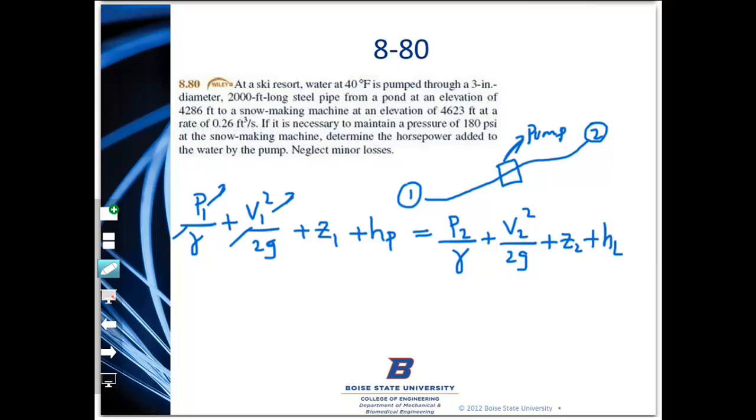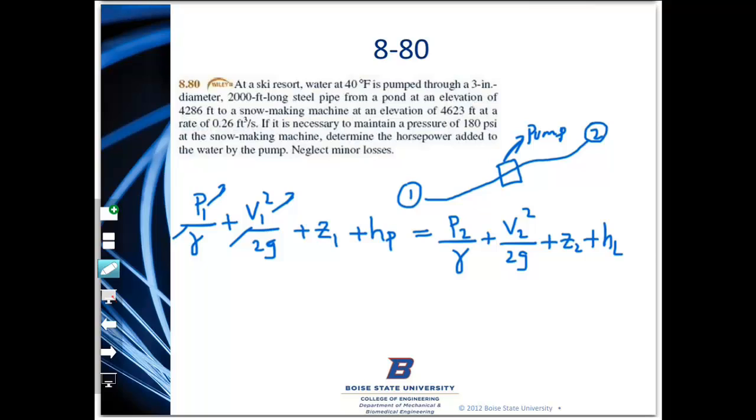P1 is 0, V1 is 0, and we know Z2 minus Z1. We can just take the difference of the two elevations we are given, and we can also compute V2, which will be the velocity in this pipe. We are given a flow rate, so we can quickly do that.